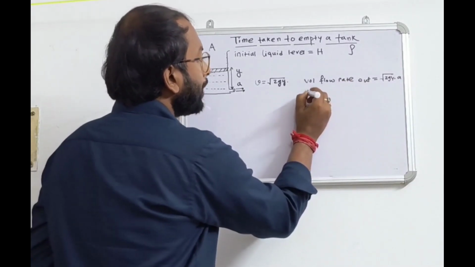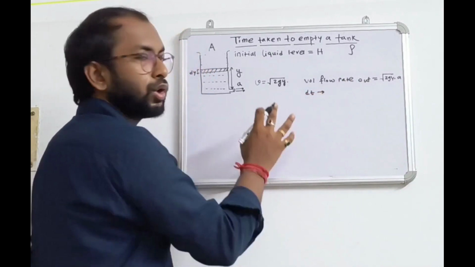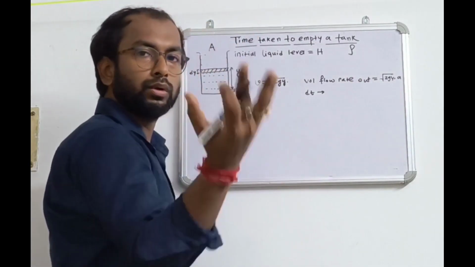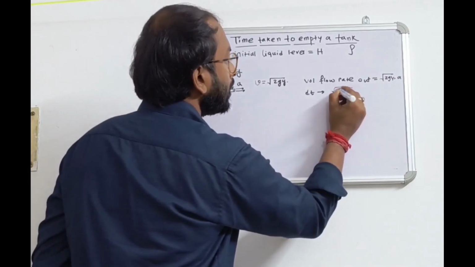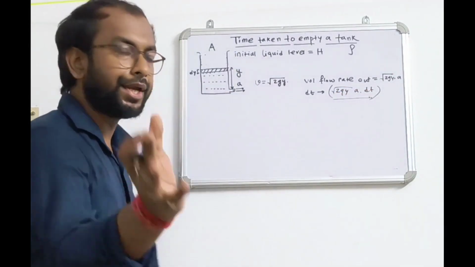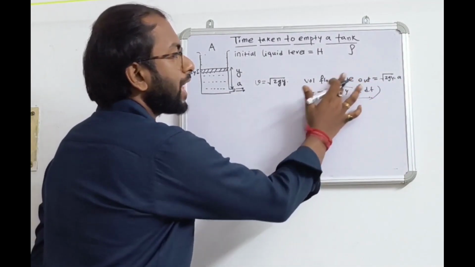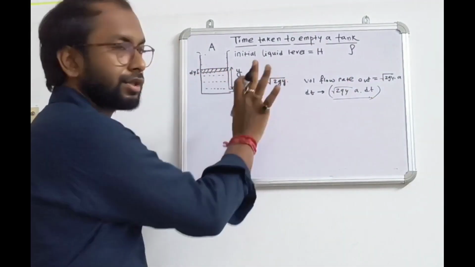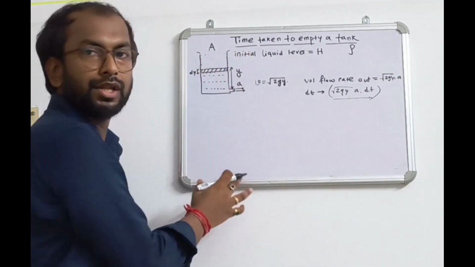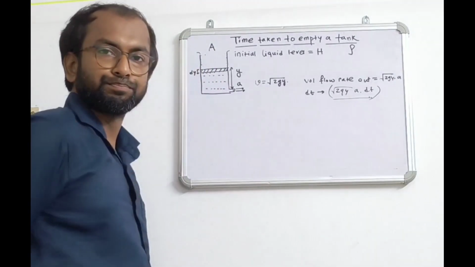So in dt time, the volume that goes out from the container is volume flow rate into time. So we write root 2gy into a into dt. In dt time, a volume of this amount comes out from the container, and due to that the liquid level in the container is reduced by dy amount.